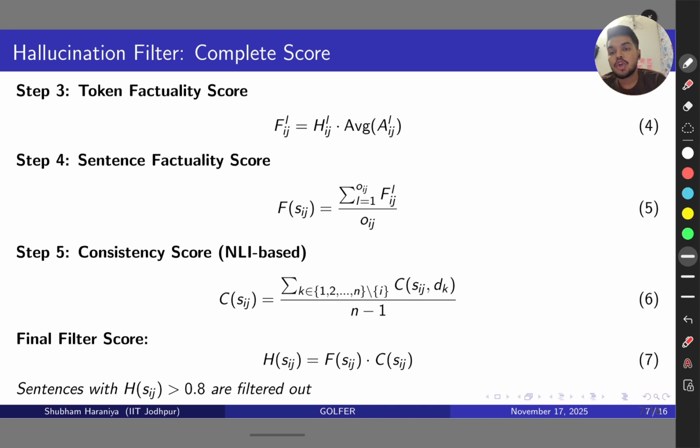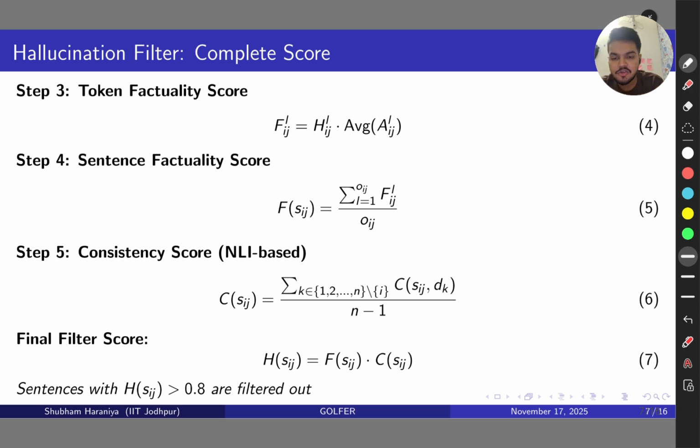Step 3 is the token factuality score, and step 4 is the sentence level factuality score, which we can calculate using the token factuality score. And step 5 is the consistency score, for which we use NLI based models for calculating the consistency over the sentences, right?